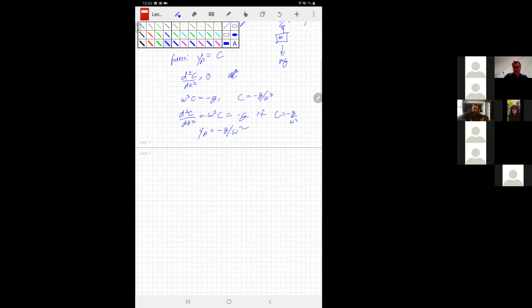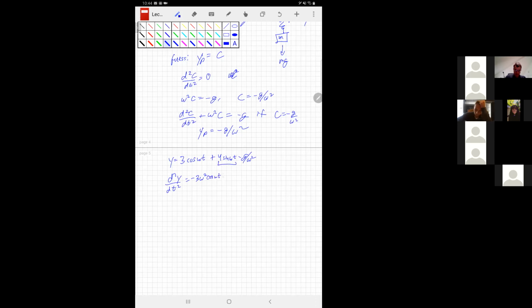Now, you could say, all right, we found a particular solution and we found some homogeneous solutions. Are we done? Well, we could check it. I'm just going to guess something right now. Y equals 3 cosine omega t plus 4 sine omega t minus g over omega squared. D squared y by dt squared will be, let's see, derivative of 3 cosine omega t is minus 3 omega squared cosine omega t.